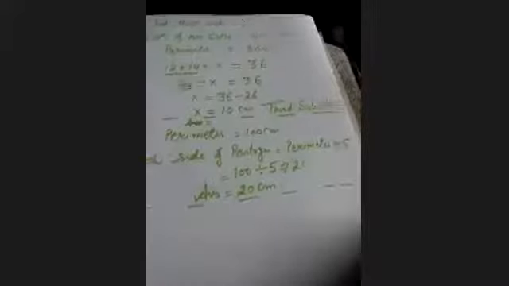Next is the ninth question. According to the statement, your ninth question is: a piece of string is 30 centimeter long. What will be the length of each side if the string is used to form a square, an equilateral triangle and a regular hexagon?